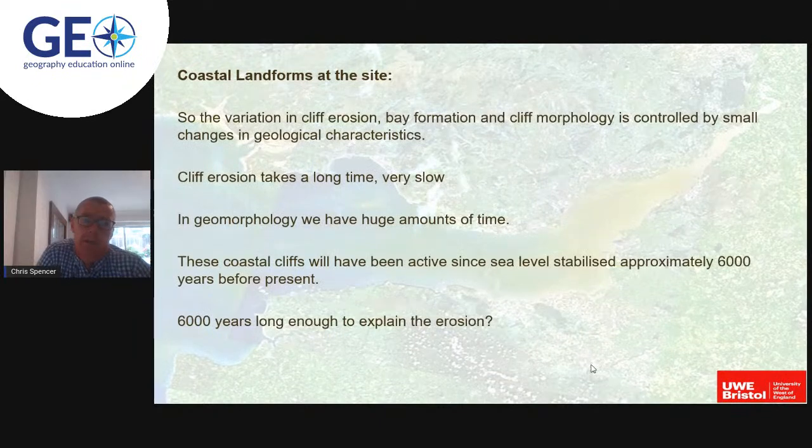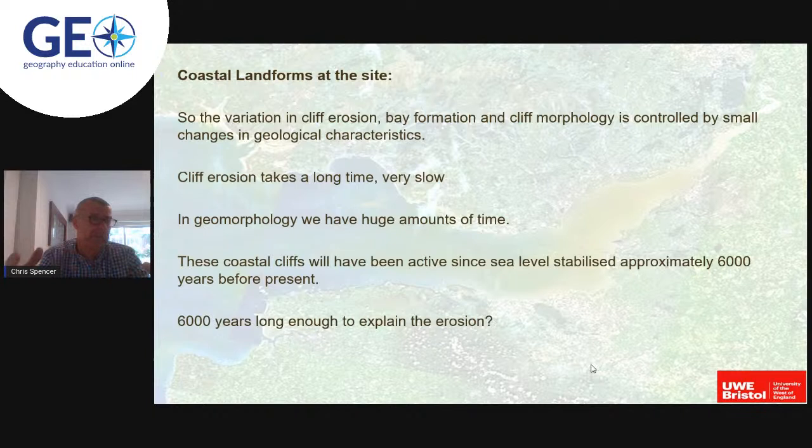Now, it's important that we think about how these cliffs and the erosion, the bay formation and so on is controlled by these very small changes in geological characteristics. And that these cliffs and these landforms have evolved over very long timescales.